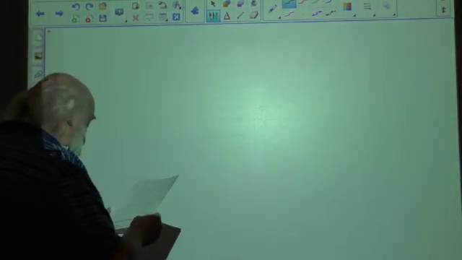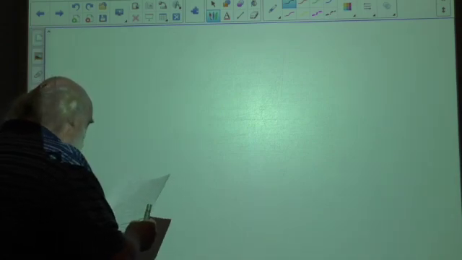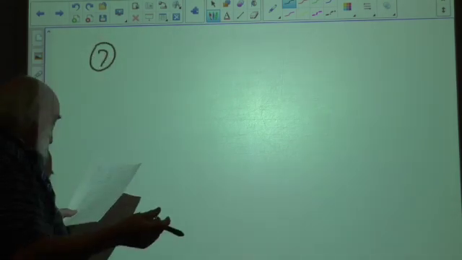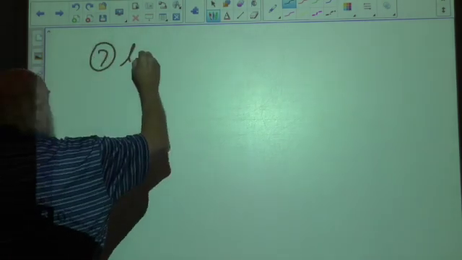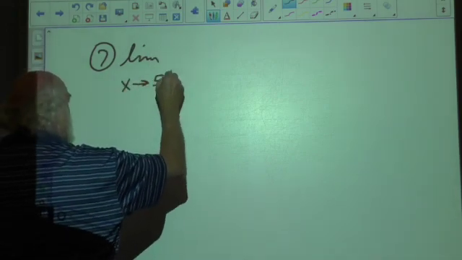Okay, so now if we take a look at number 7 on page 78, to help us get to that point, this says the limit as x approaches 5 from the positive side.